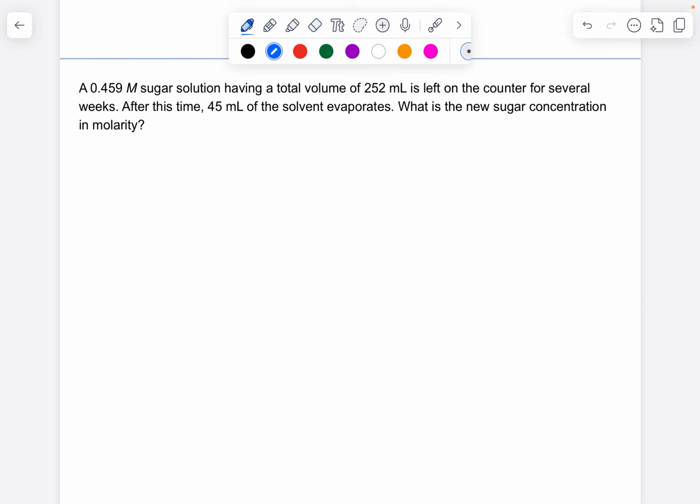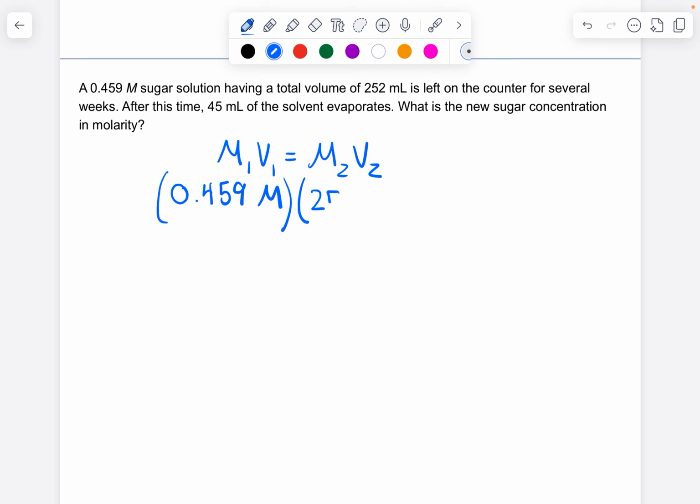Okay, this one is a dilution problem. So there's a 0.459 molar solution that has a volume of 252 milliliters. And they want to know what the new molarity is after 45 milliliters has evaporated.